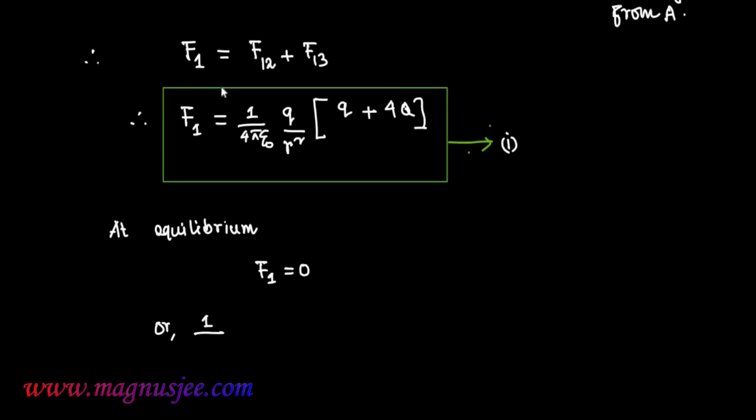At equilibrium, this net force F1 is equal to 0. Therefore, 1 by 4 pi epsilon 0 Q by R square under brackets small q plus 4 capital Q is equal to 0.